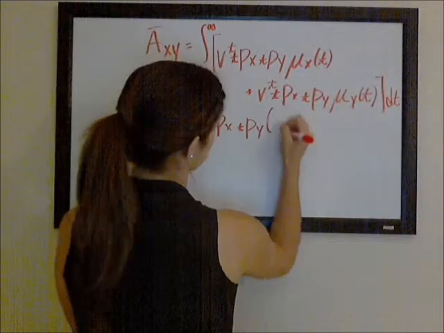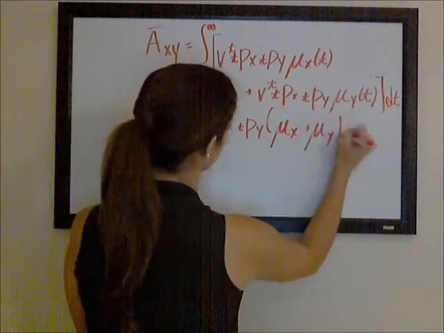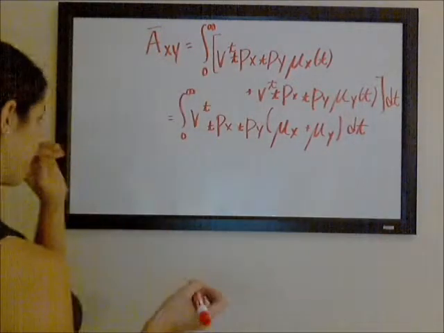And then I have times mu sub x plus mu sub y. It looks a little bit simpler.